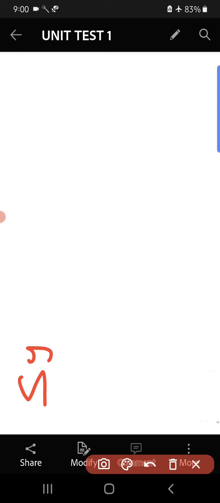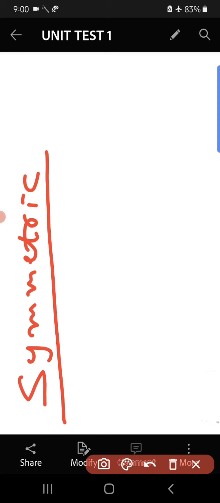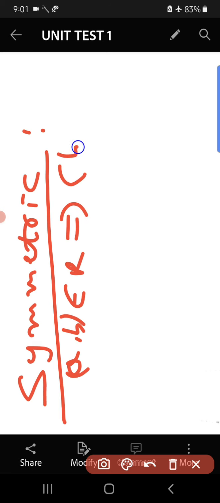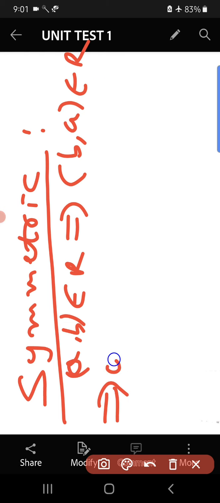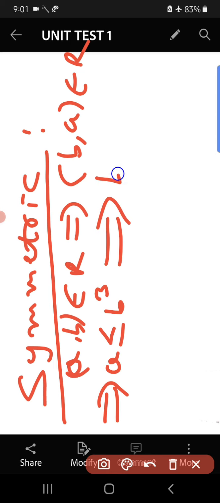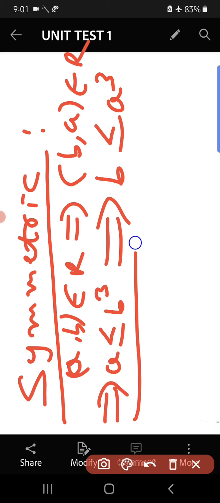So next let us consider the next property, symmetric. See the symmetric property, what it says: if you have a pair (a, b), you should have (b, a). So for this relation, a less than or equal to b cube, does it imply b less than or equal to a cube? We have to show it by example, by considering a pair.